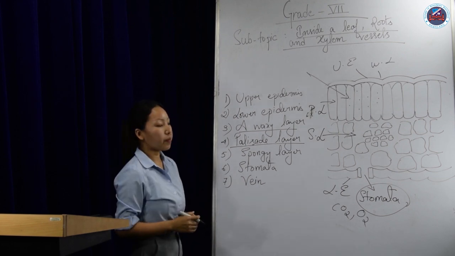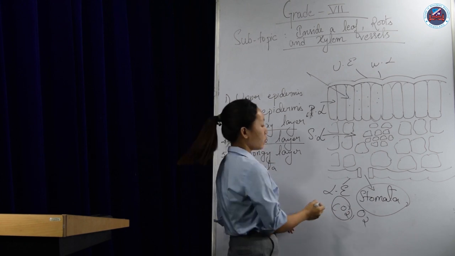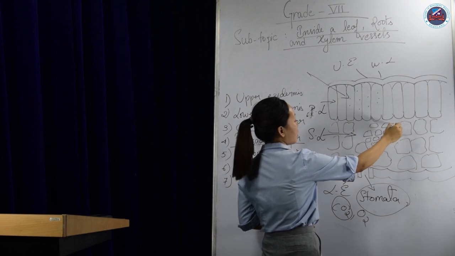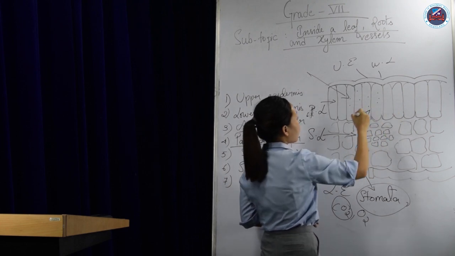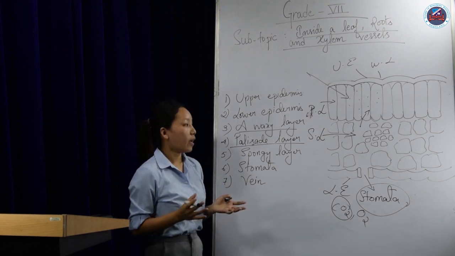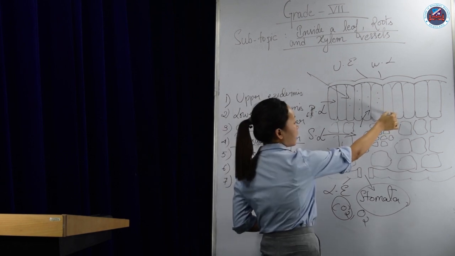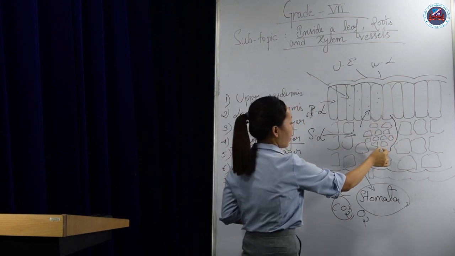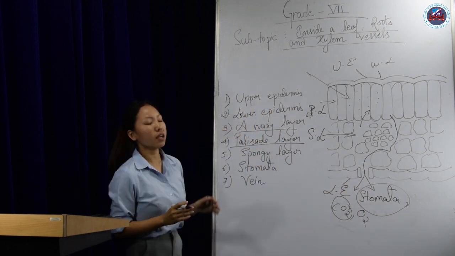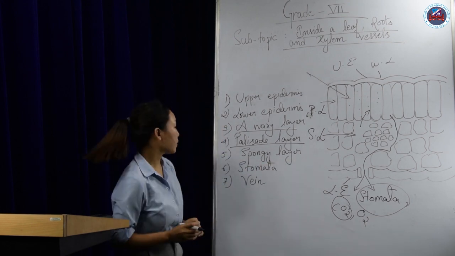This spongy layer allows the carbon dioxide to diffuse through the stomata and travel through this spongy layer till the palisade layer, where the process of photosynthesis will take place and we get a byproduct called oxygen that travels from the palisade layer through the spongy layer and leaves from the stomata. Some of the photosynthesis also takes place in this spongy layer.